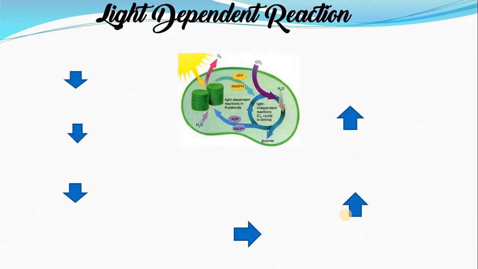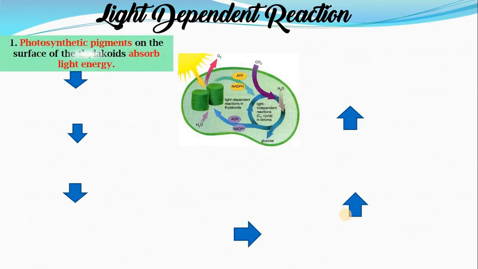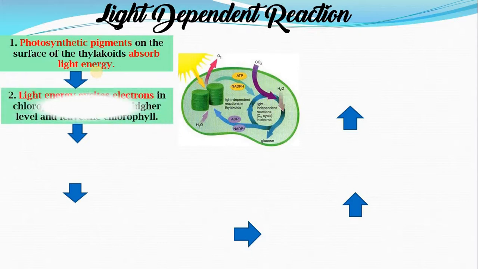Now, let's discuss the light-dependent reaction, which occurs in the presence of light. First, what happened? The photosynthetic pigments on the surface of the thylakoids absorb light energy from the sunlight. Then what happened?